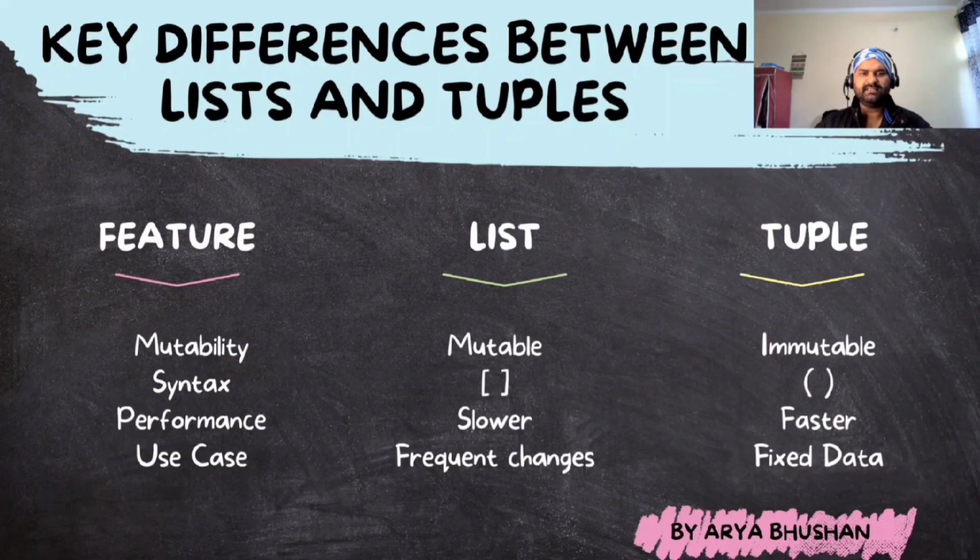Here is a comparison table to understand the key differences between lists and tuples. Lists are mutable, meaning you can add, remove, or change elements, whereas tuples are immutable. Lists use square brackets, while tuples use parentheses.